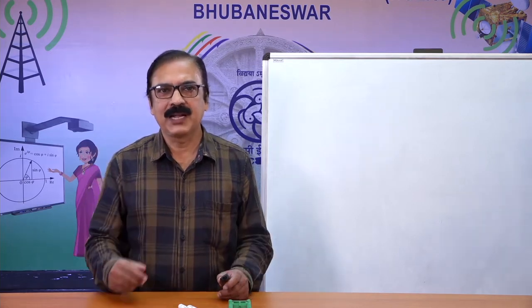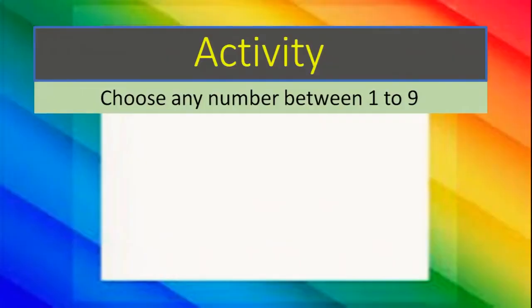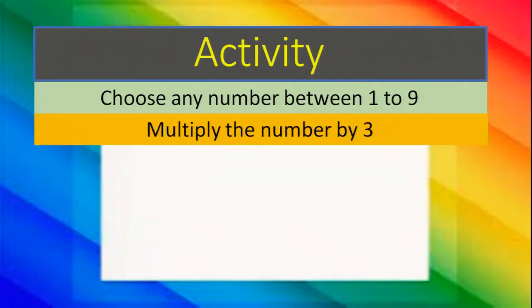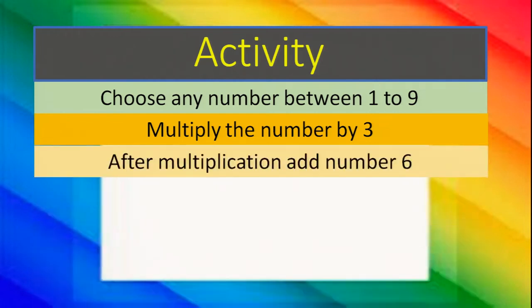Let's perform this activity. Open up your copies and pen. Now start with this. Choose any number between 1 to 9. Then multiply the number by 3. Then whatever you got, add the number 6 to that.